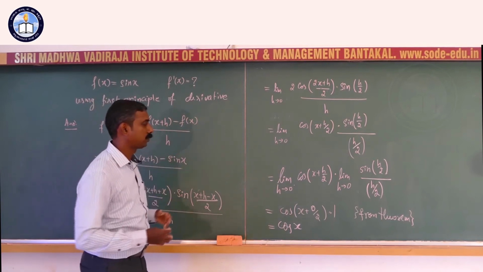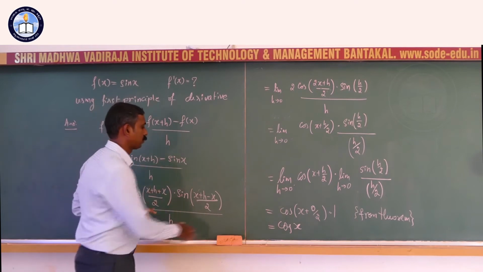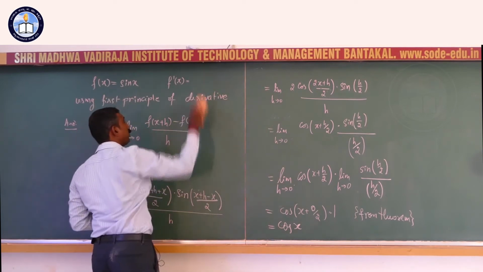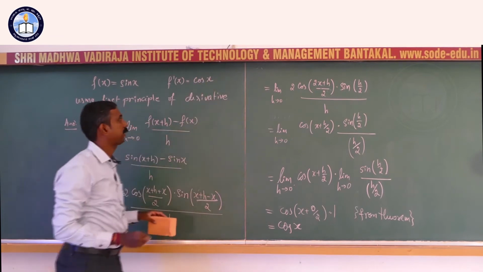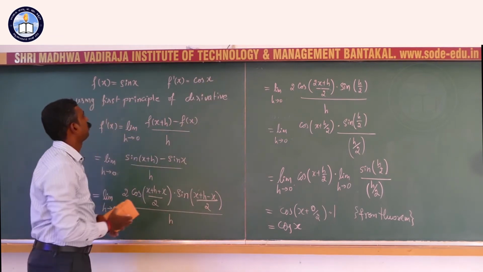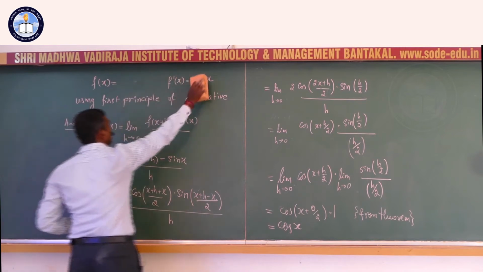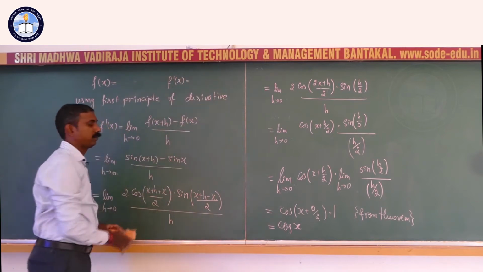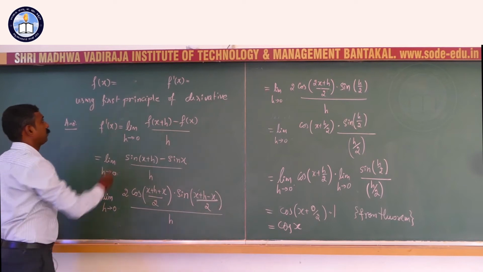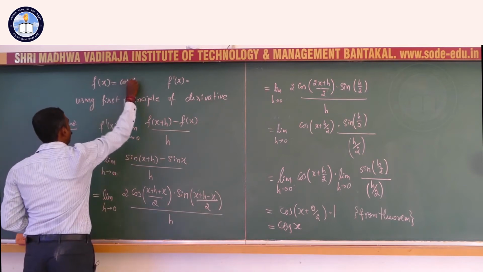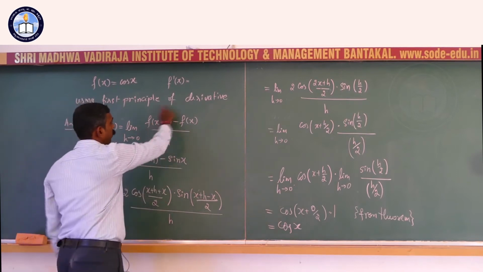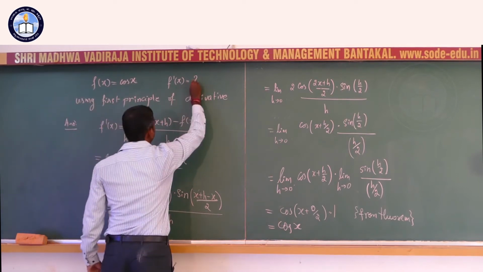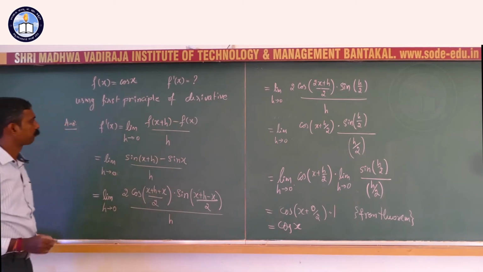Please note that whenever f of x is equal to sin x, f dash of x will be cos x. Now, let us change this. Our motto is to find the derivative of cos x using the first principle of derivative.